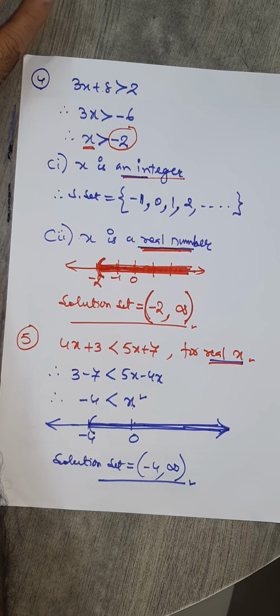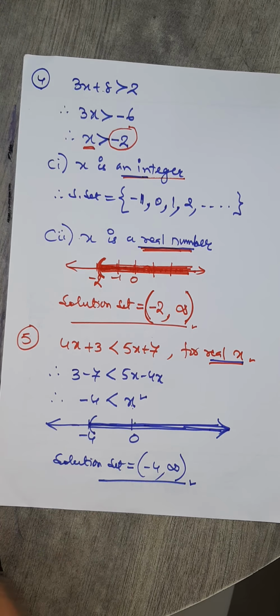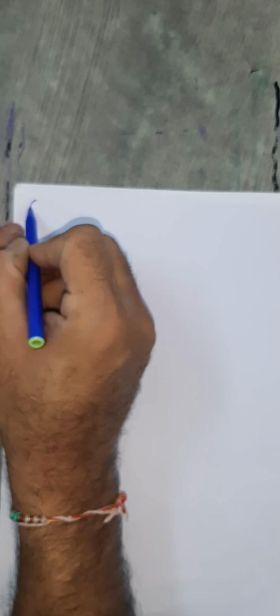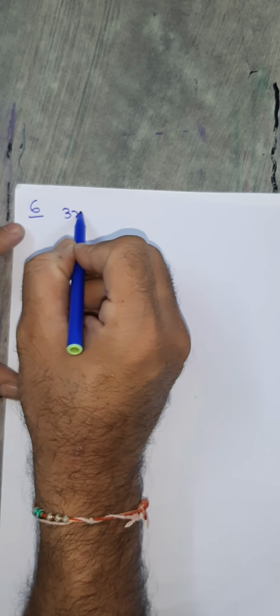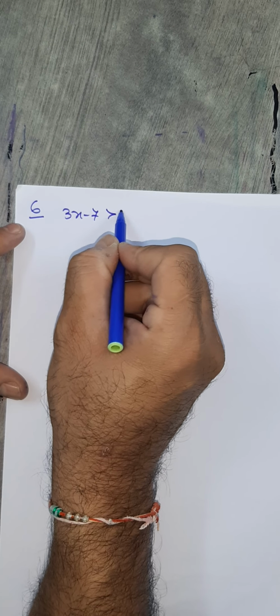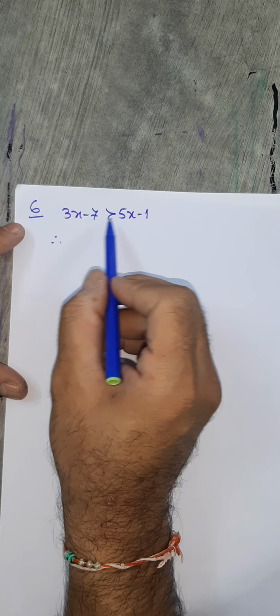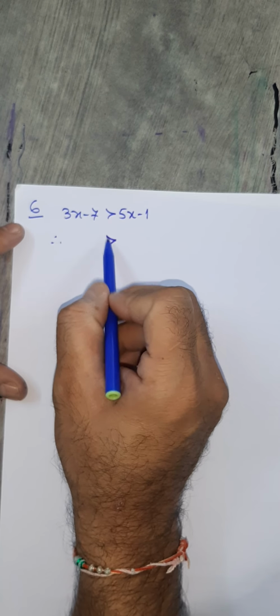There, the inequality is here. Sixth one, 3x minus 7 is bigger than 5x minus 1. We'll make x the subject of the expression. I'll take 3x over there.